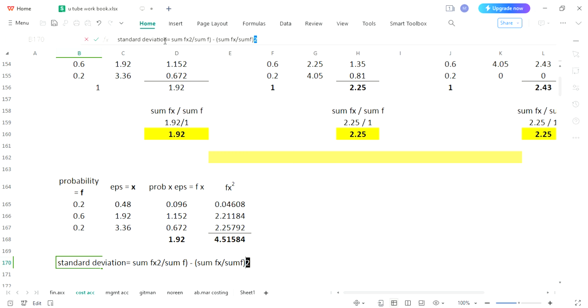Again this square we have to arrange: direction, format, superscript, and this way you can put the square. So after which you will be able to calculate.